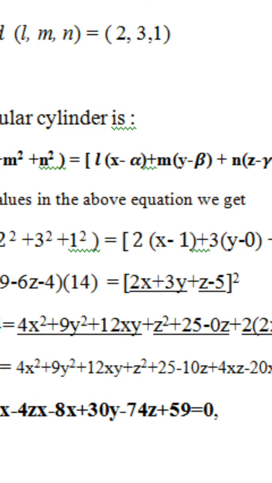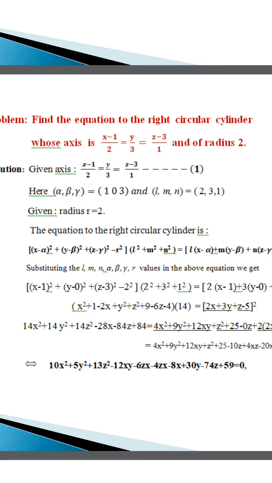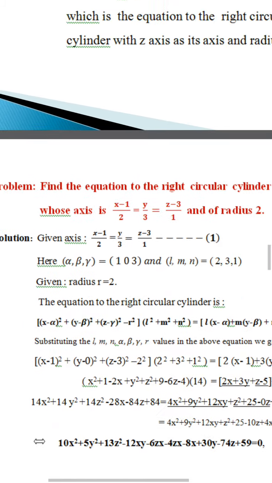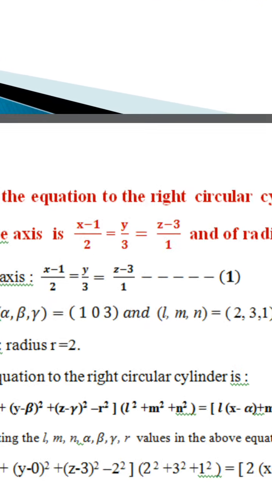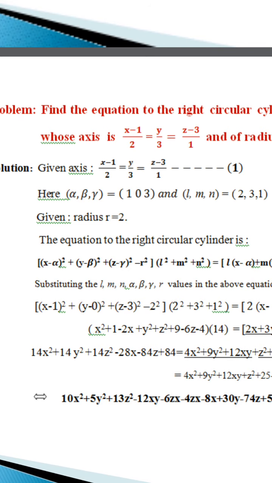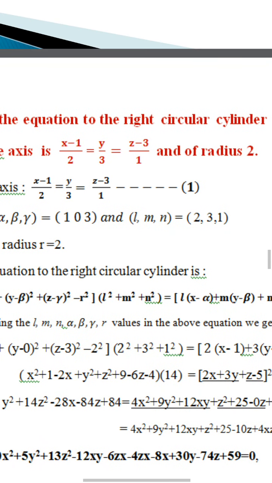So you have to simplify this one, then we will get the equation of the right circular cylinder. Listen once again, it is very simple. First of all, the question is to find the equation of the right circular cylinder whose axis and radius are given like this. So first write down the axis.